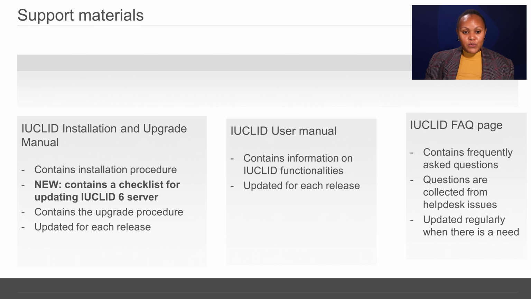So before you do your updates, please have a look at the checklist and ensure that everything in the checklist has been done before proceeding with the upgrade. And the manual is always updated for each release.